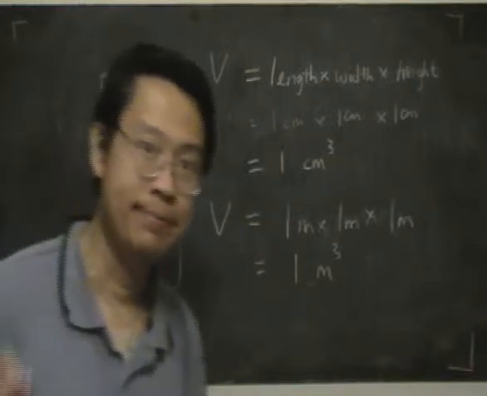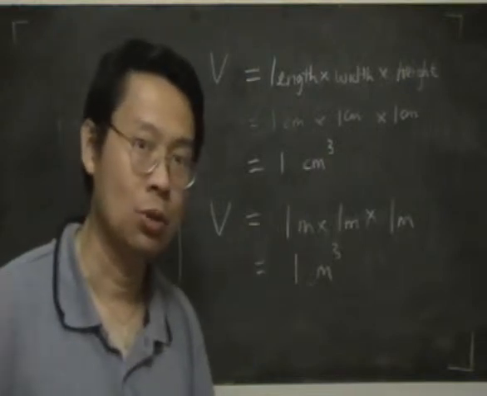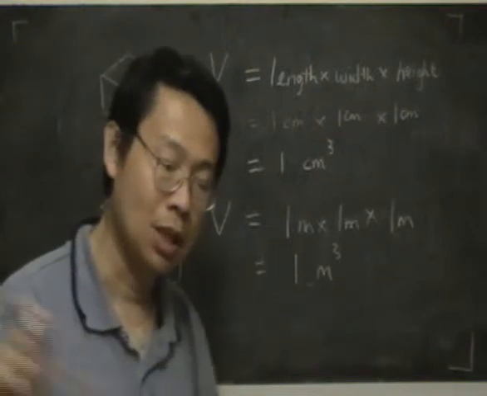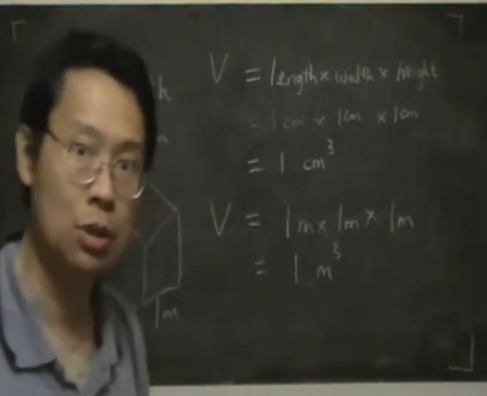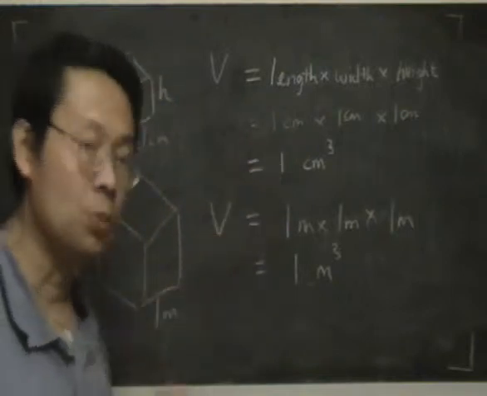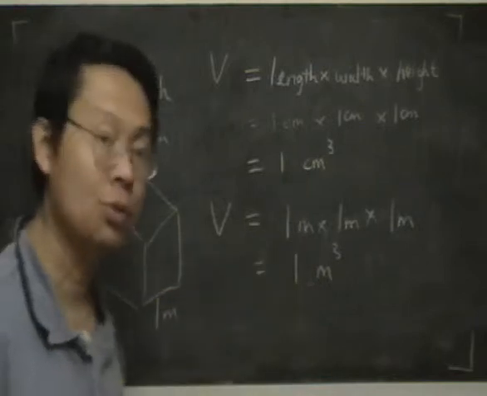For example, if you have 1 meter, that is equal to 100 centimeters. Or if you have 1 centimeter, that's equal to 1 over 100 of a meter. So for volume, we should also learn how to convert between units.